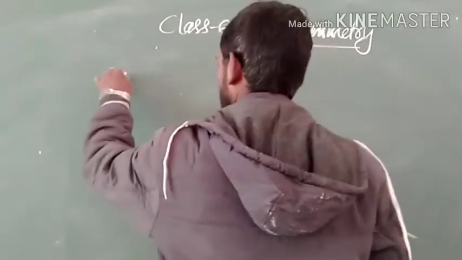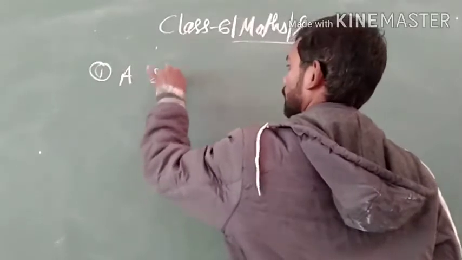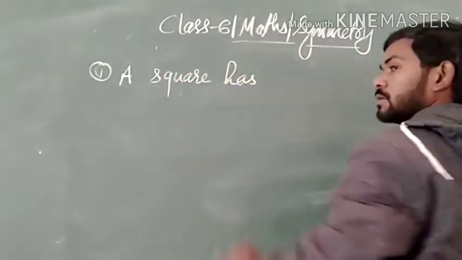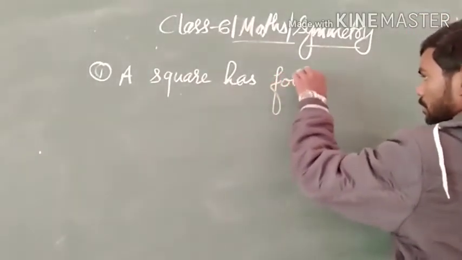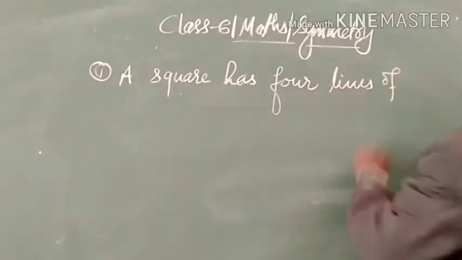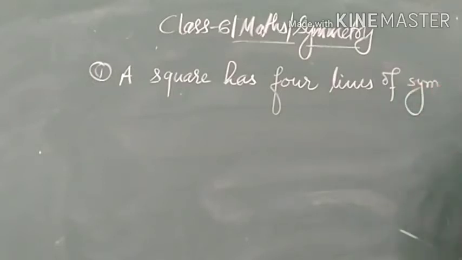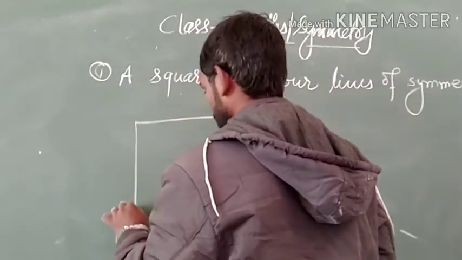The next is, first, a square has four lines of symmetry, and we can see it in the figure.